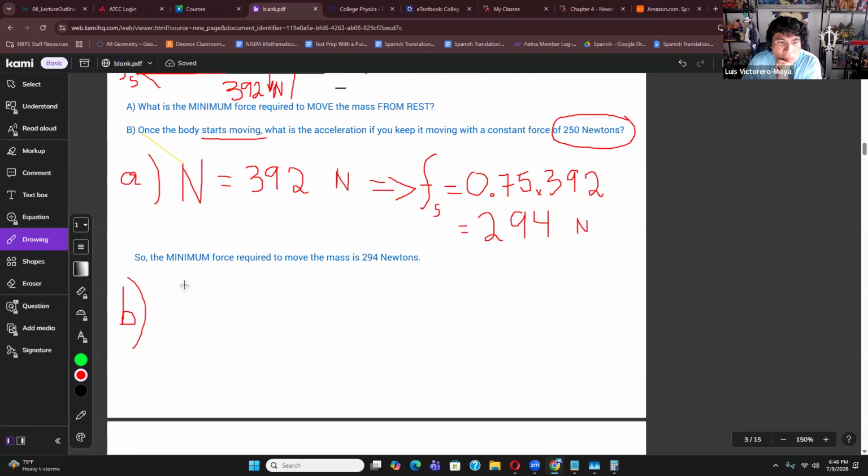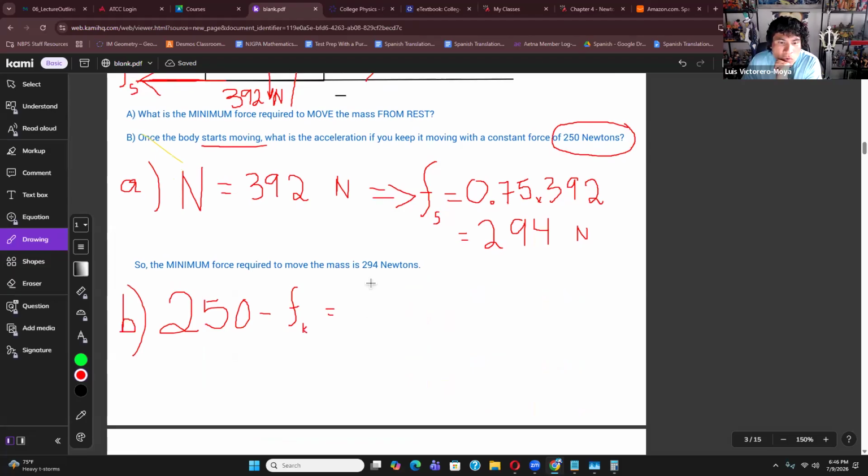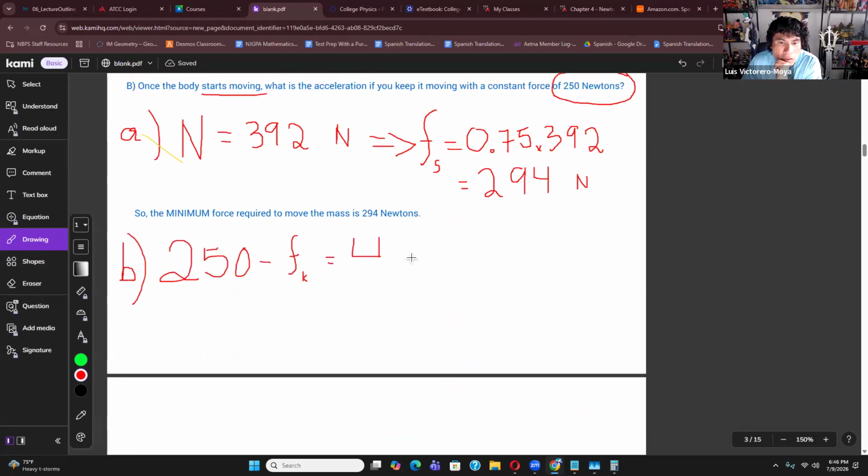So the equation for B will be 250 minus Fk, it's kinetic now, equals 40a. Fk is mu k times the normal. The normal is the same, 392, but the mu is not 0.75.